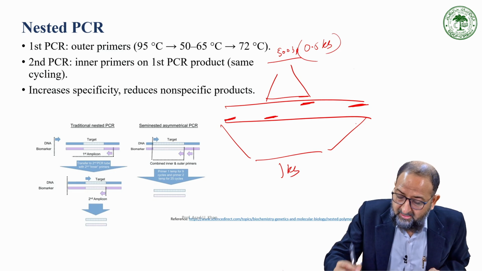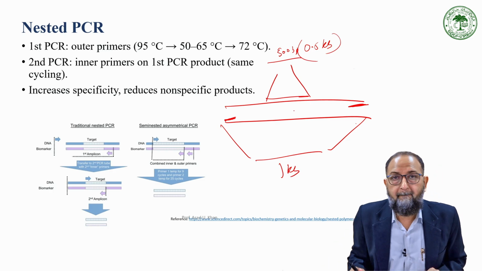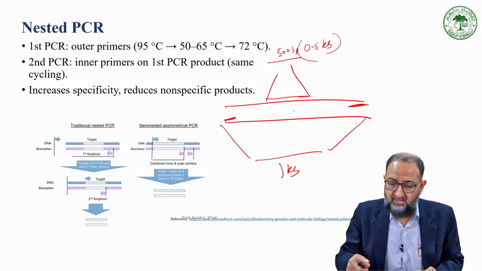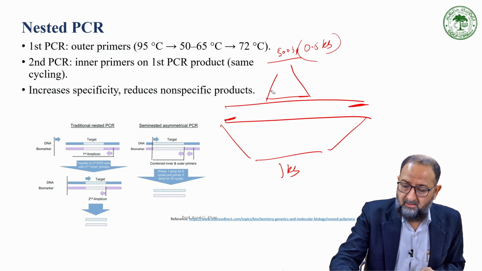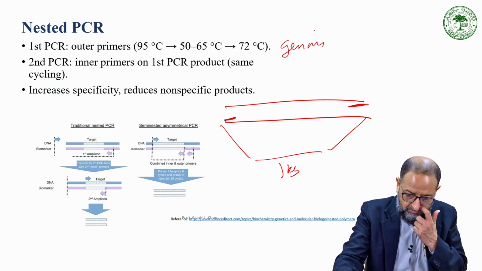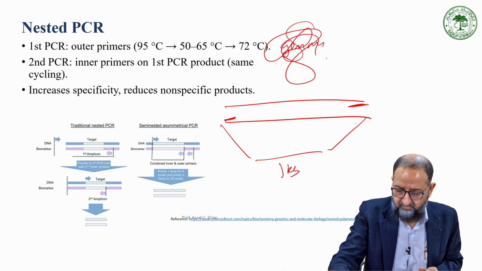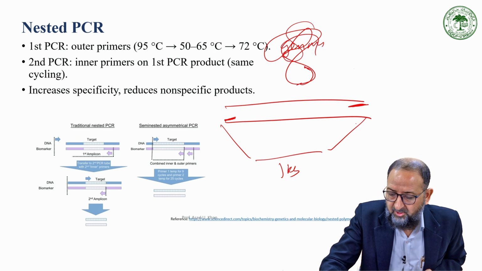First, you run the reaction with this, right? And whatever product is being obtained, because this is the whole genome reaction taking place. Suppose you are getting this through genome. So you can have like a whole genome. When you use this genome, somewhere it binds here. Suppose this is the site of the gene.